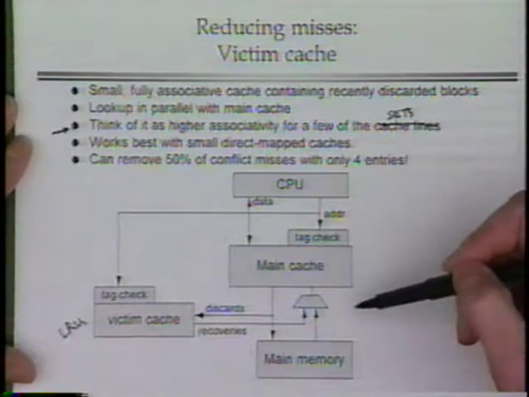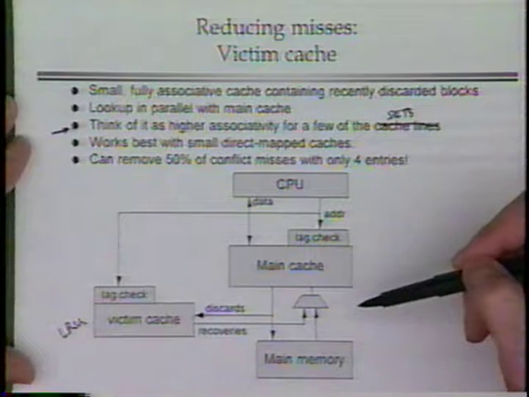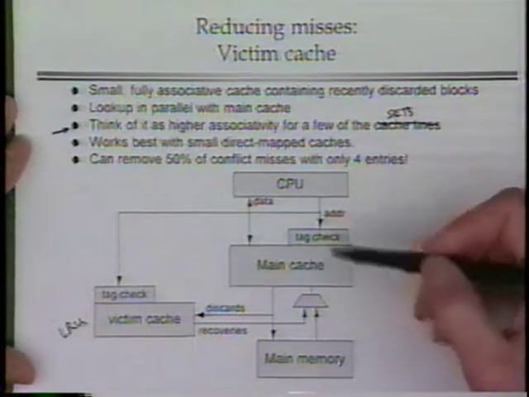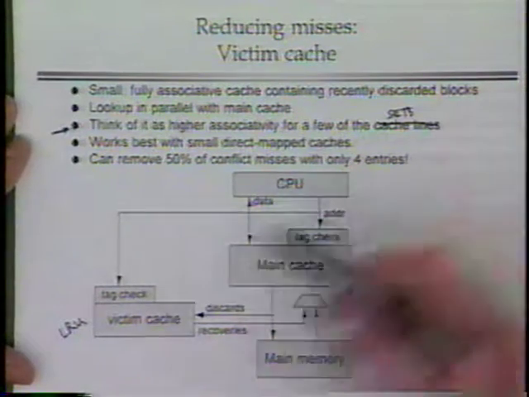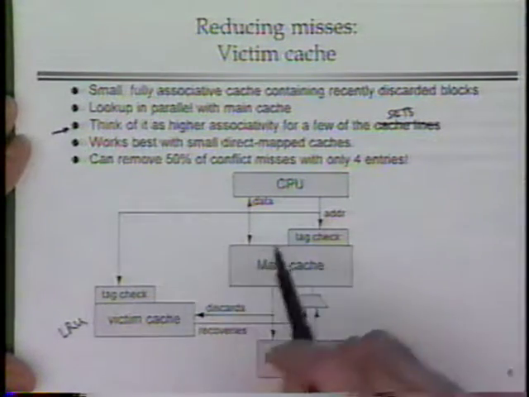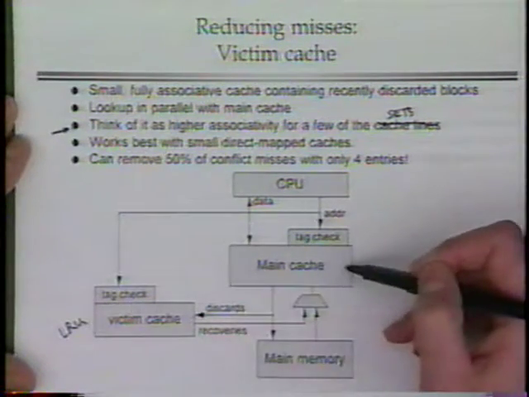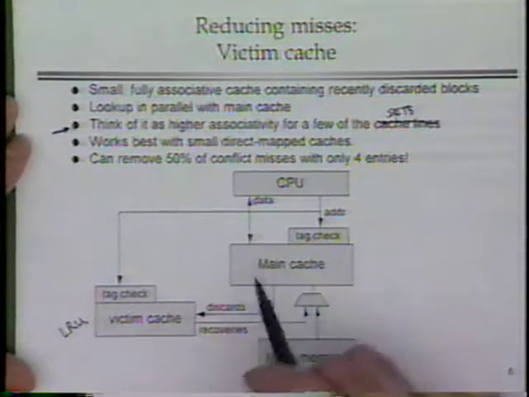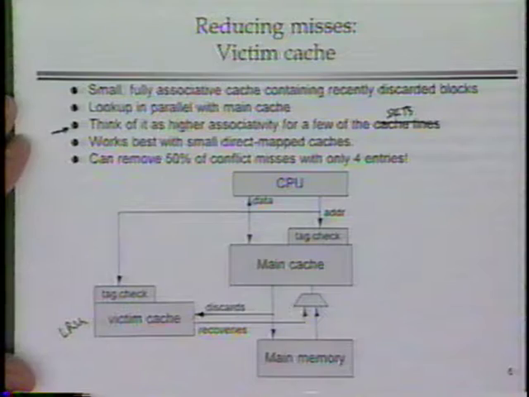So in particular with the direct-mapped cache, any time you have 2 addresses that map onto the same location, you're going to be losing because they will replace each other. With a victim cache of even only 1 block, you wind up turning that into a win, because alternate accesses to things that map to the same place in the main cache will hit in the victim cache instead, because the most recently discarded item will be saved.